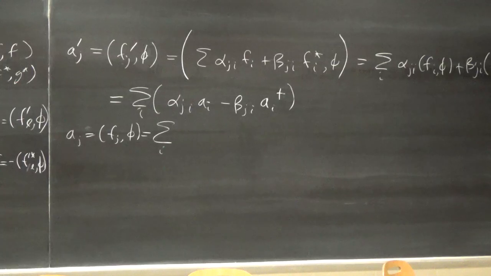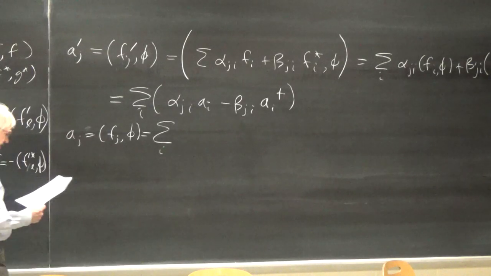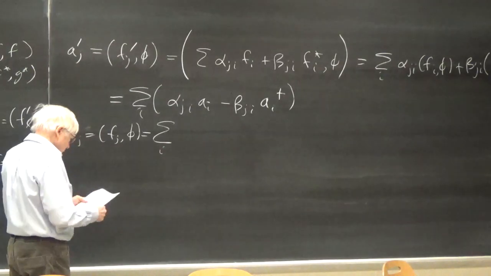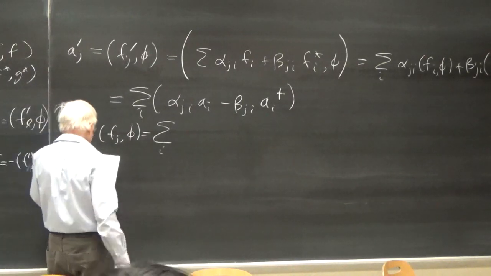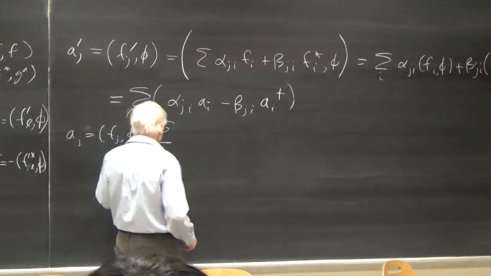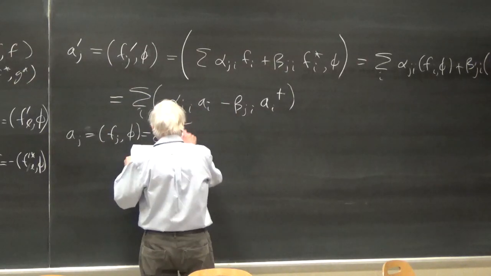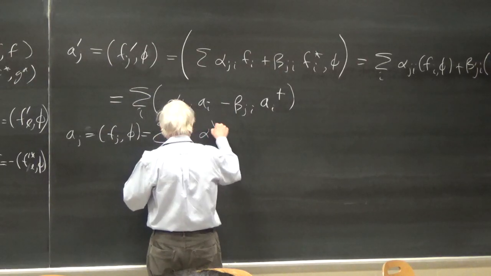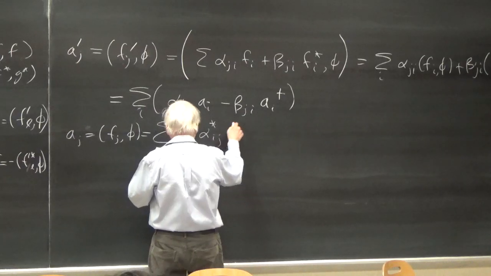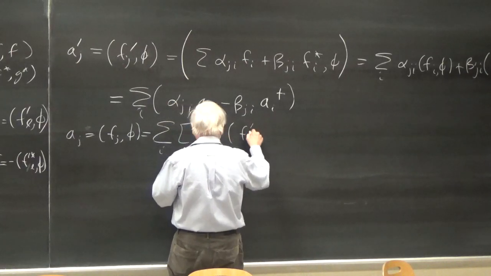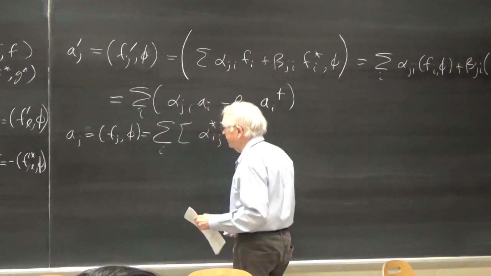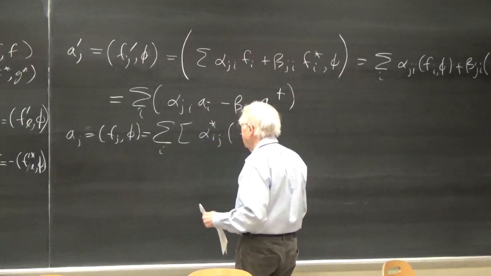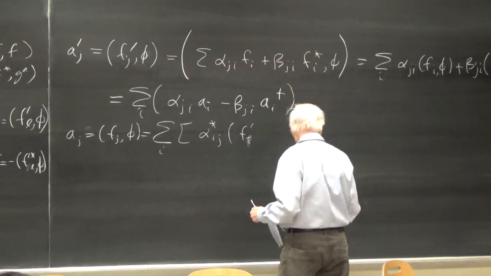Okay, let's see. So let me get back to the story now. The annihilation operator is f_j with phi, and we can express this as alpha star ij f prime i. So what I'm doing is writing the f's in terms of the f stars.